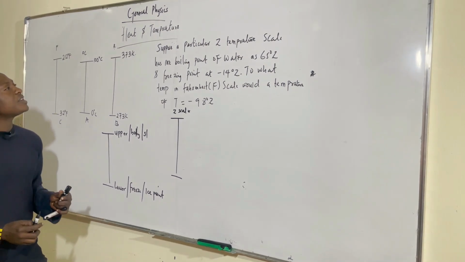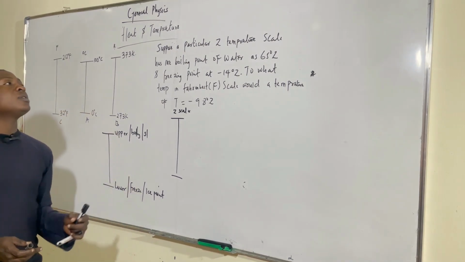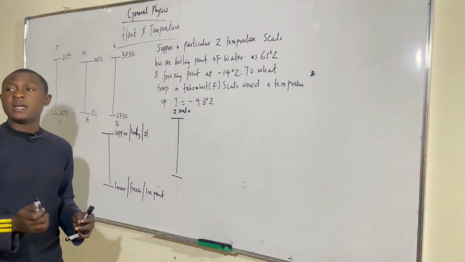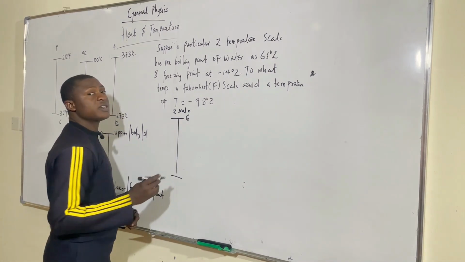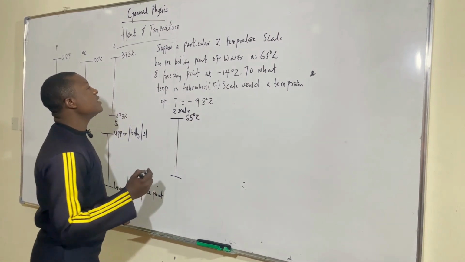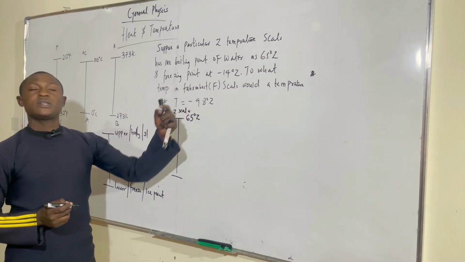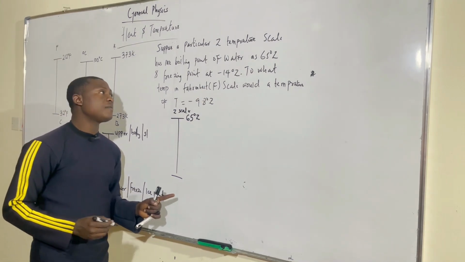So now the next said, suppose a particular temperature scale has the boiling point of water as 65. That means the boiling point is 65. So this is boiling point, which is the same thing as upper freeze point. We have it to be 65 degrees Z. And freezing point at minus 14. I told you earlier that the freezing point is nothing but lower freeze point.